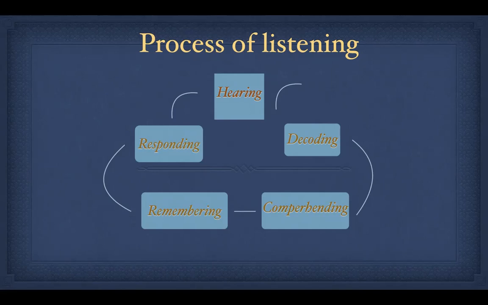Then we decode it in our mind, and then we comprehend, which means we start thinking about that message. Then we remember what she speaks, and then we respond. So these are the processes of listening.